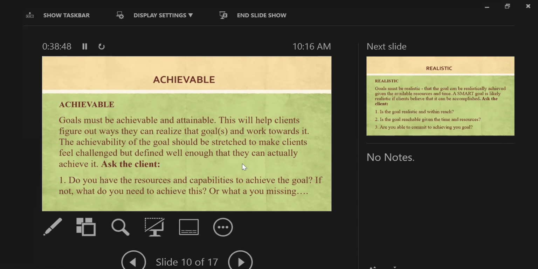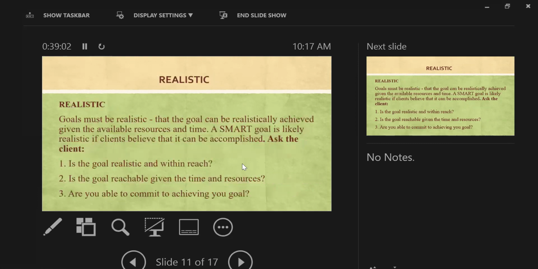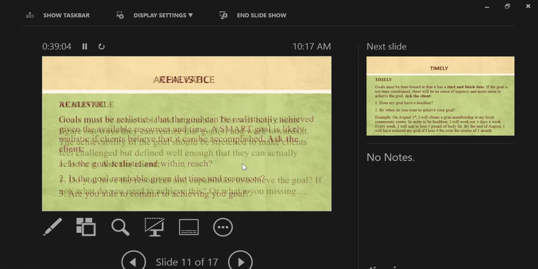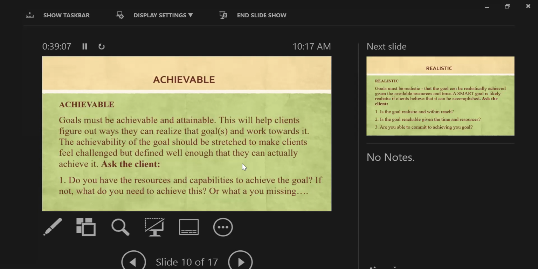As a client, do you have the resources and capabilities to achieve the goal? If not, what do you need to achieve this? Or what are you missing? Okay, so here we are, the goal is achievable, right?